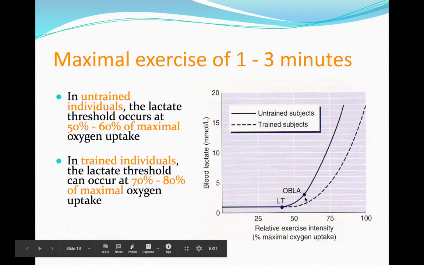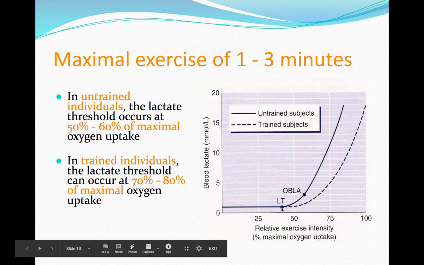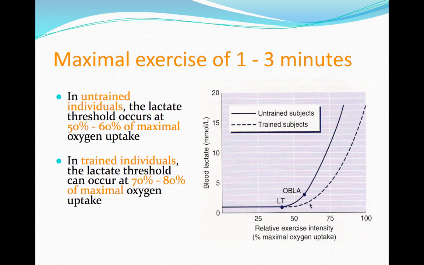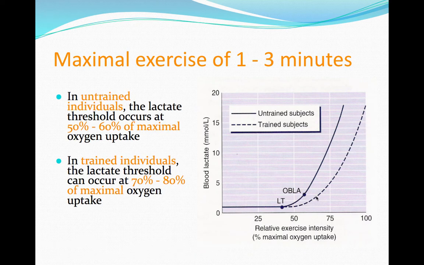Our untrained individual experiences lactate threshold in this example at a little less than 50% effort. And our trained subject is not hitting lactate threshold till a little bit beyond 60%. And again, OBLA is always 4, so you can see where that happens as well.